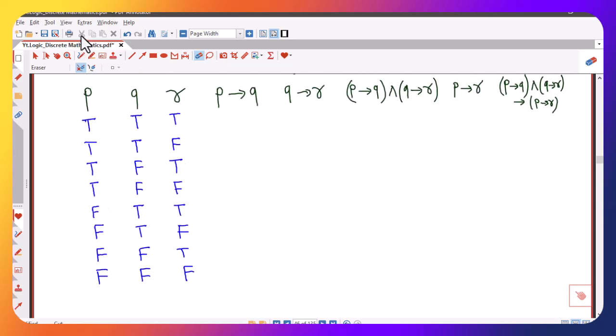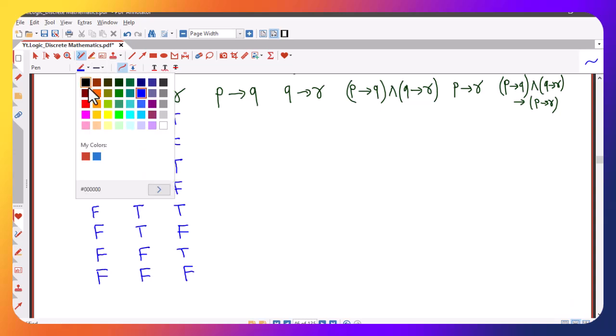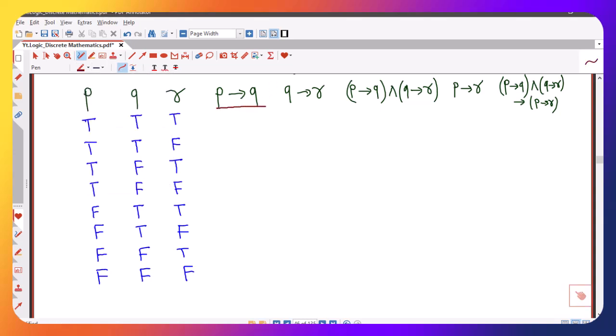Now we have to use the definition of implication. So we know that P to Q is false if P is true and Q is false. So now we concentrate on P and Q. If P is true and Q is false, then only it is false. So here P has truth value T and Q is also T. Same thing for the second possible combination.